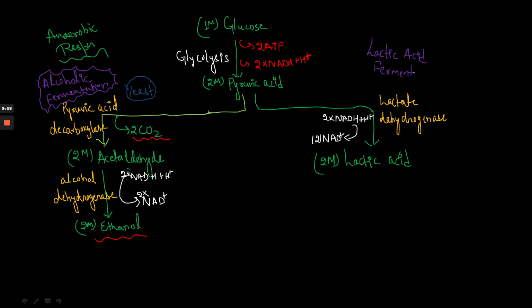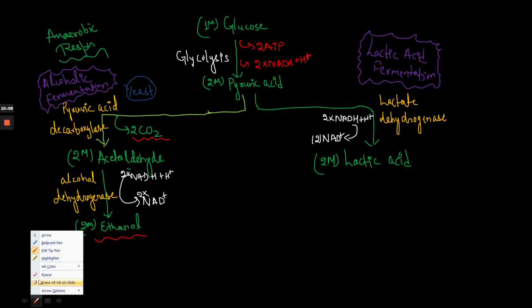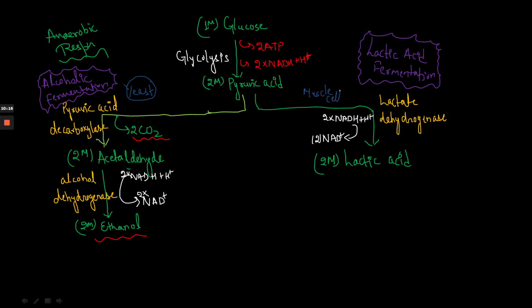So two types of fermentation we talked about. One is alcoholic fermentation, while the other one is lactic acid fermentation, and lactic acid fermentation is occurring in muscle cells. So you must be thinking how muscle cells are lacking in oxygen, since we normally do aerobic respiration.